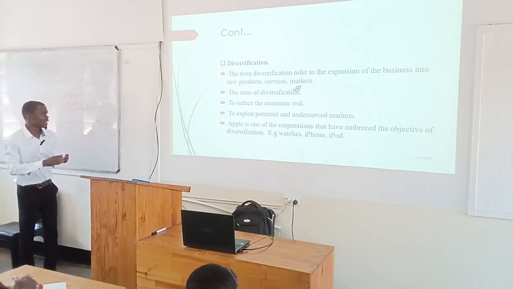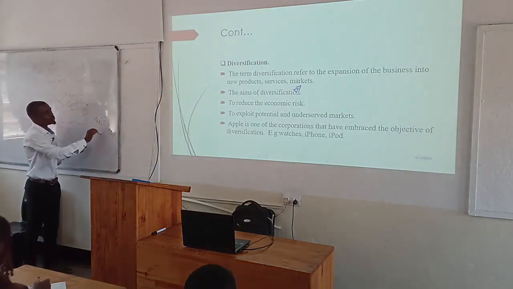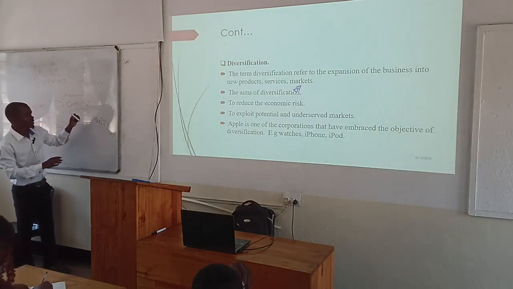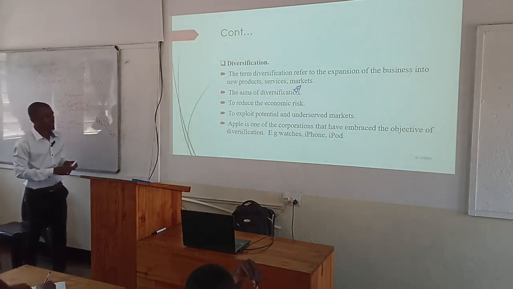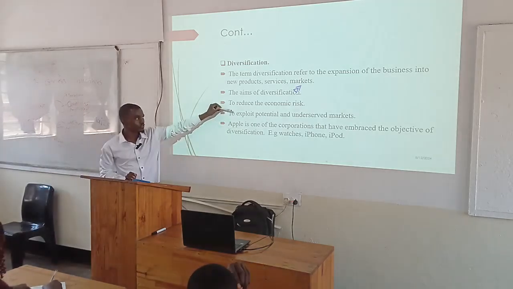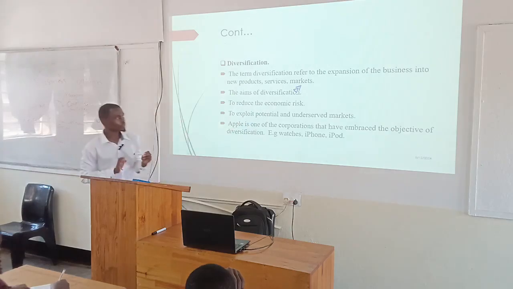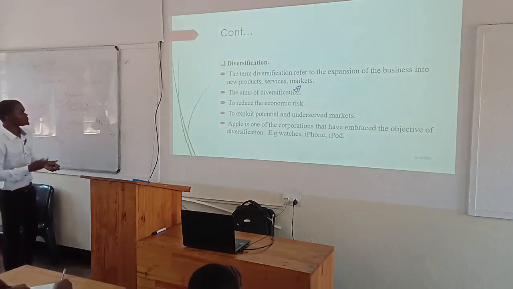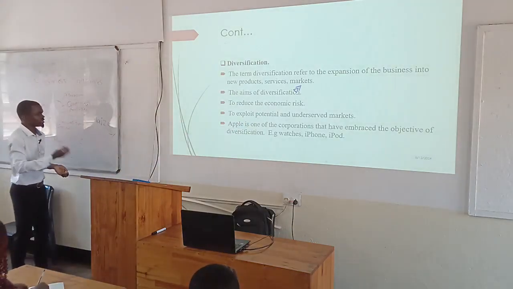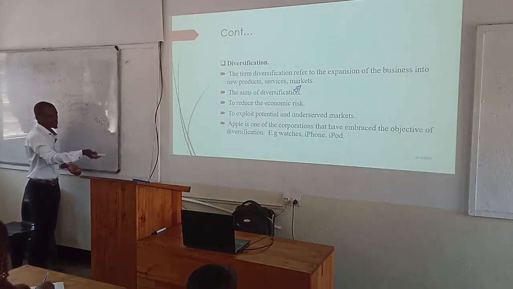So we don't have to rely on maize only, because we can face some risk, and then at the end of the day, our business will be affected. So this diversification objective is there to reduce economic risk. So if we are affected with some unexpected changes for maize, it means we can rely on other products.